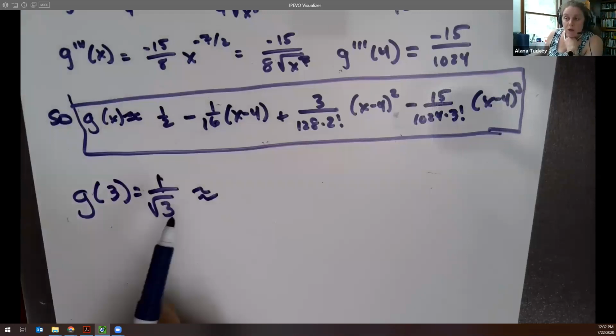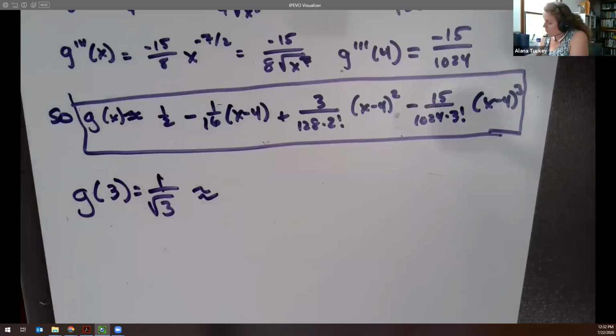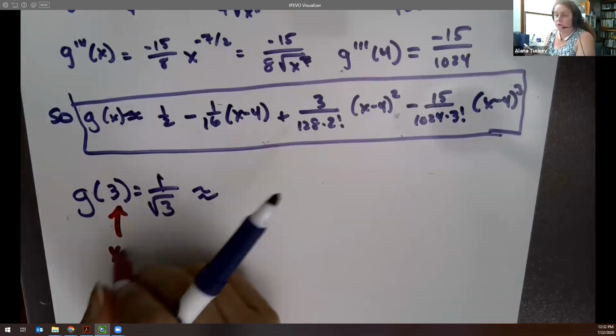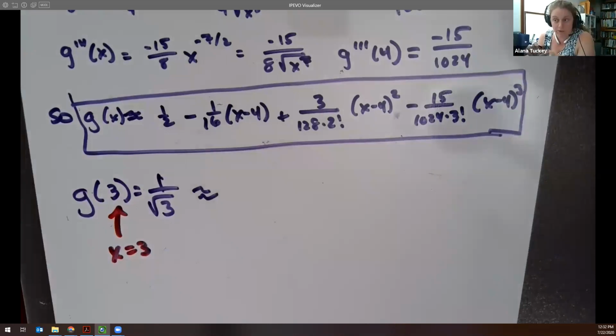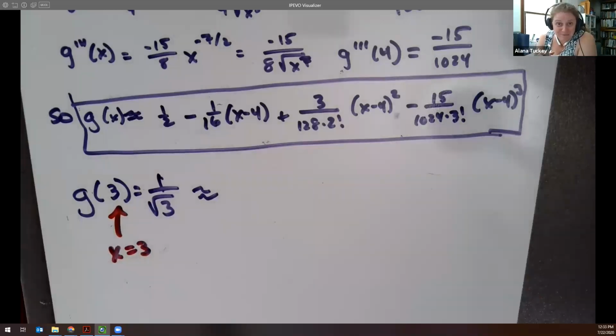Well, you're going to plug in 3, because 3 is your x. You're going to take 3 and plug it in wherever there's an x in that formula. Use Desmos. You plug that thing into Desmos, and then you stick 3 into it, and you're done. And you'll get some decimals. Cool for that one?